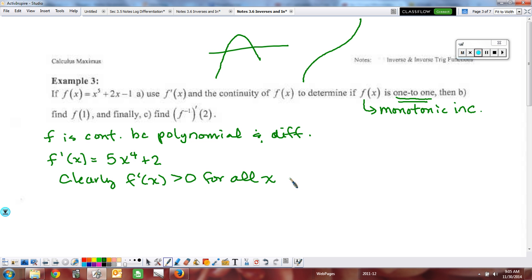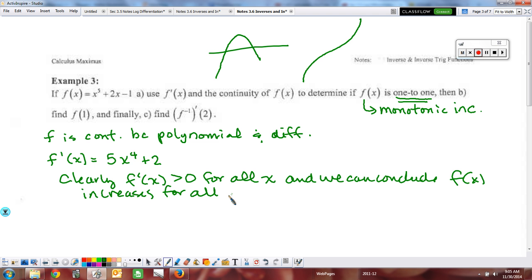So if f prime of x is greater than 0 for all x, therefore, we can conclude f of x increases for all x, and then the final result of that is therefore f of x is 1 to 1.